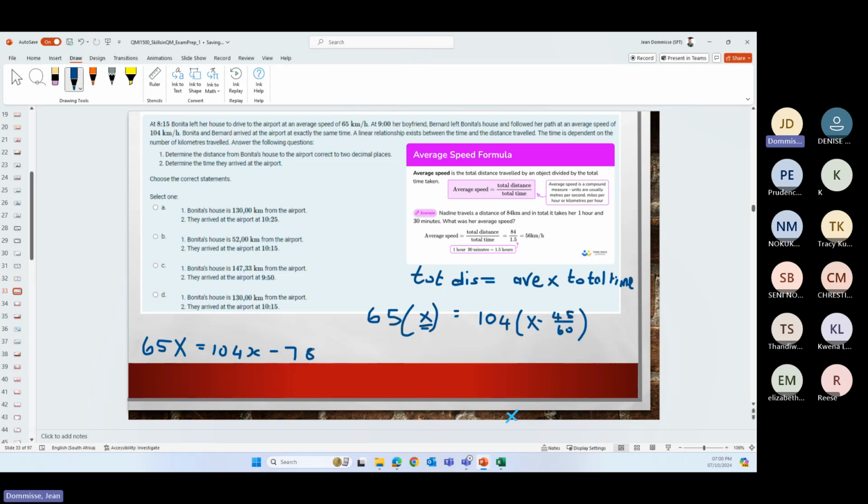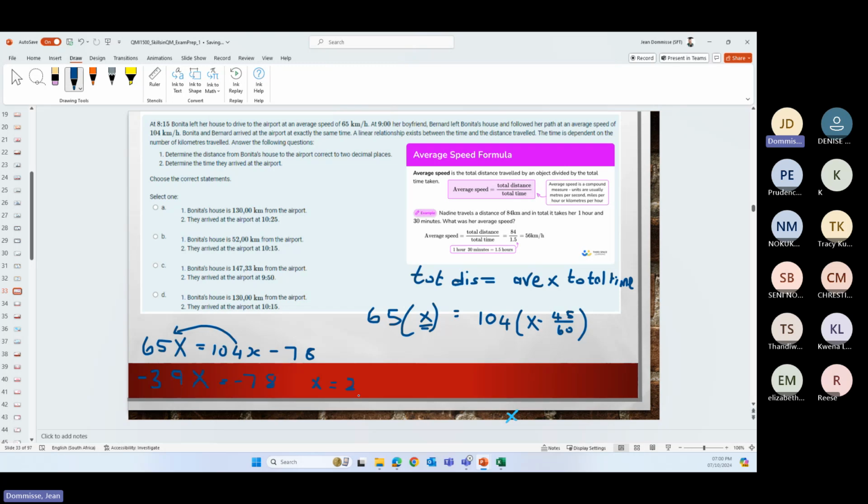So now we can take that to that side again. So 104 minus 65, we've got 39x, or minus 39x is equal to minus 78. So we have that x is equal to 2 hours.